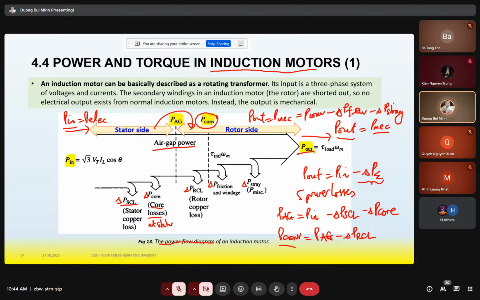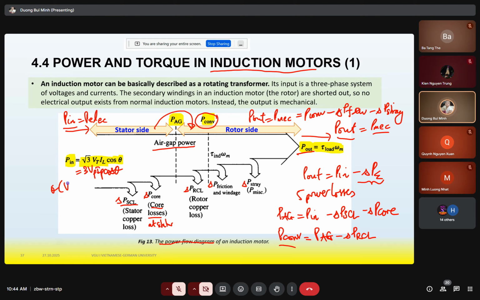P out is mechanical power, and it is also calculated by load torque times rotor angular speed. P in is electrical power, equal to square root of 3 times line voltage times line current times cosine theta. Or we can calculate P in as 3 V phase I phase cosine theta.